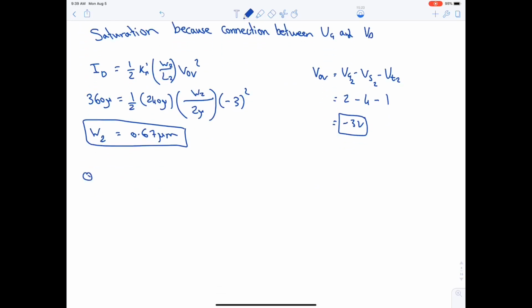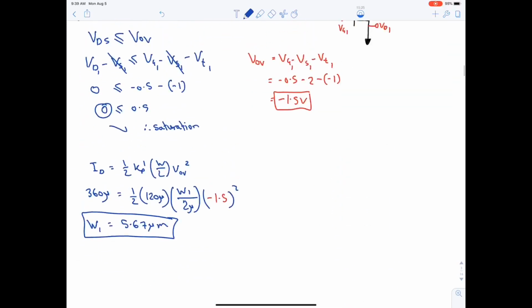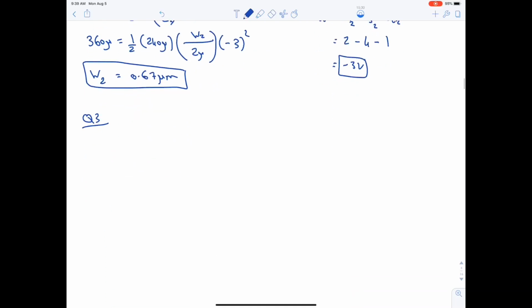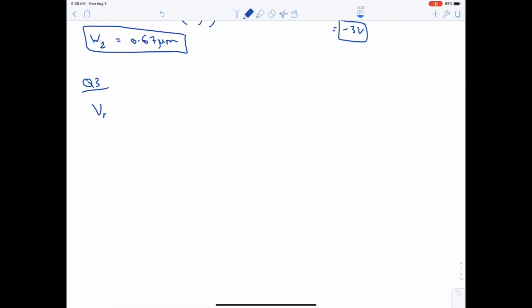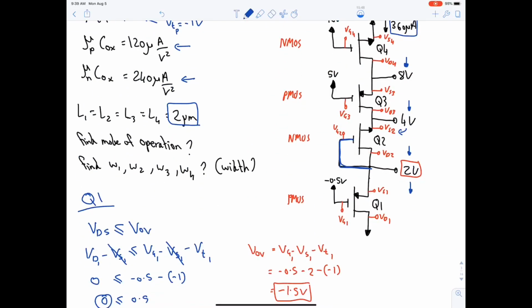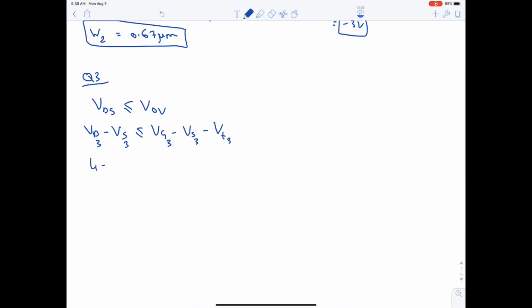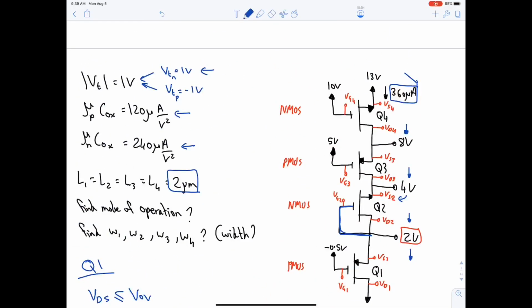Let's go to Q3. We need to check, first of all, is it PMOS or NMOS? It's PMOS, so the check will be VDS less than or equal to VOV. VD minus VS less than or equal to VG minus VS minus VT. VD3 is 4. VS3 is 8.